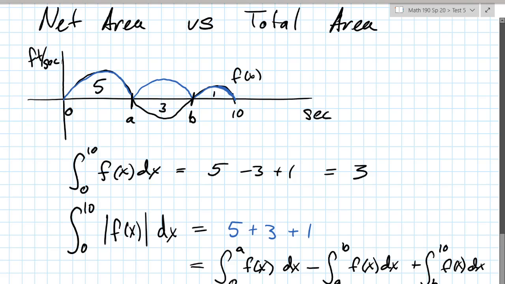So if f of x is measured in feet per second, what does it mean to have a positive velocity or positive feet per second? If I said, okay, here my curve is a positive feet per second, and I find the area under the curve, I'm talking about how far I've traveled. I think we saw an example of that in one of the previous sections.